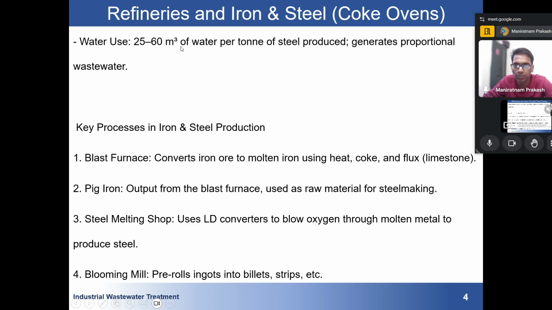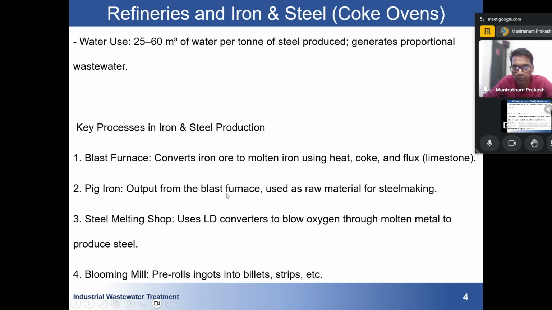Water usage is this much water per ton of steel produced, and an equal amount of wastewater is also produced. Whatever water is used in steel production is for cooling and other purposes, so you can imagine that it will become wastewater.